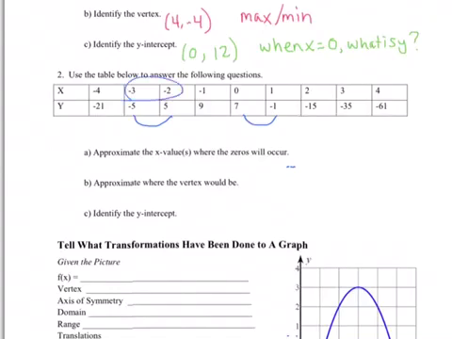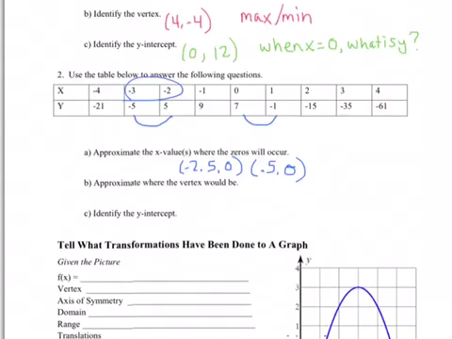So my zeros are going to occur at negative 2.5. That would be a good thing to put in between. And somewhere between 0 and 1, we'll say 0.5. If you wanted to say 0.6, you wouldn't necessarily be wrong, but I'll just let you choose somewhere in between those two points for now.